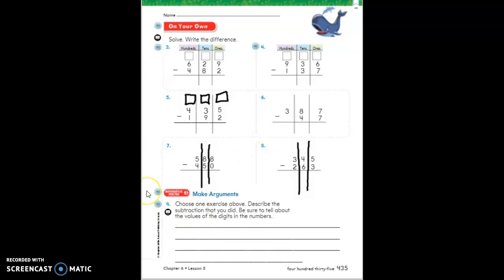Number 9 also, it says choose one exercise above. We're not talking about exercise like working out. We're talking about choosing one of the problems above. Describe the subtraction that you did. Be sure to tell about the values of the digits of the numbers.